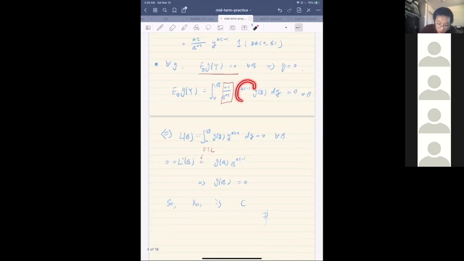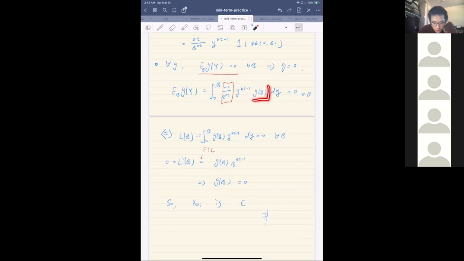If this one is positive, then the whole thing equals 0 if and only if g is 0. But g may be negative.